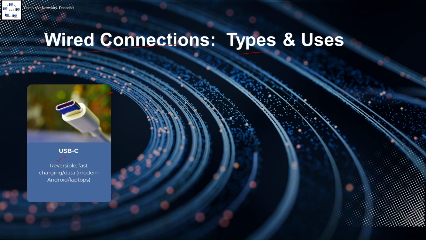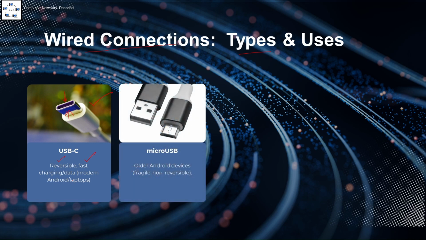Reversible means that you can plug this inside the port in either direction, or you can also reverse it and connect it upside down. It is fast for both charging as well as data transfer, and it is used in almost all of the modern Android devices as well as laptops.